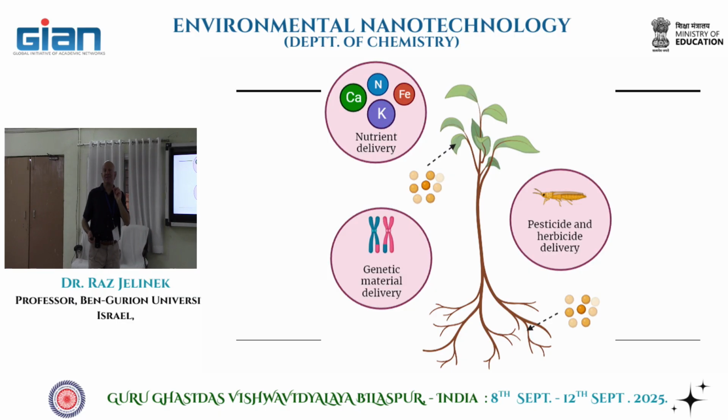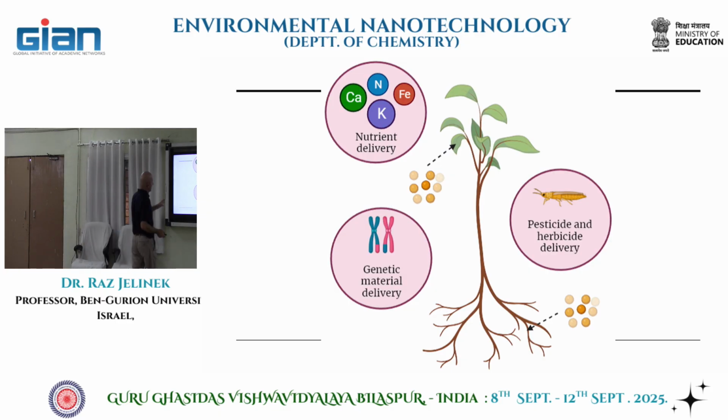Again, the key thing is that because carbon dots are made of carbon, they are okay for the plants. They're not toxic. They're not like metal nanoparticles. They're just carbon, just like food. Food for us and food for the plants.